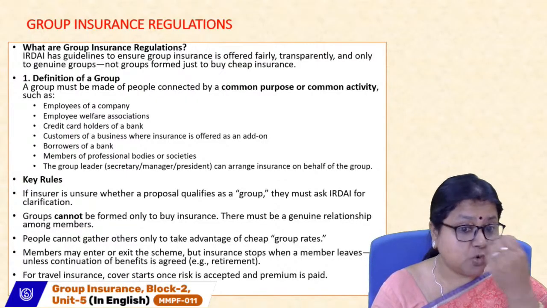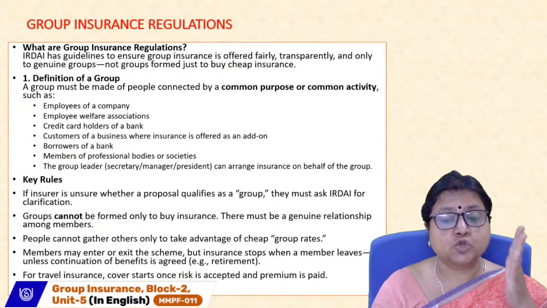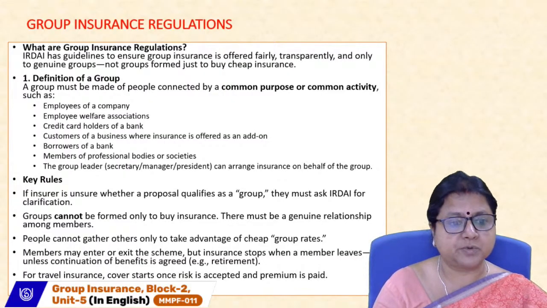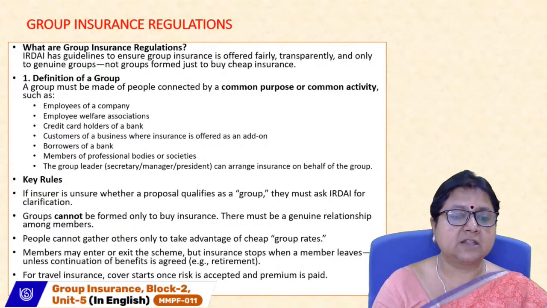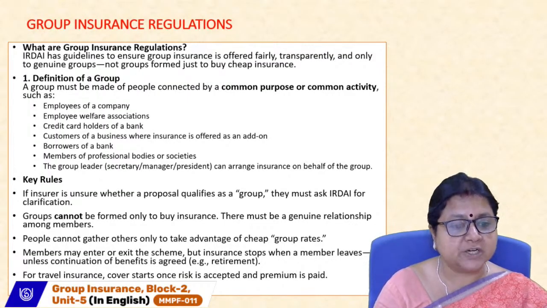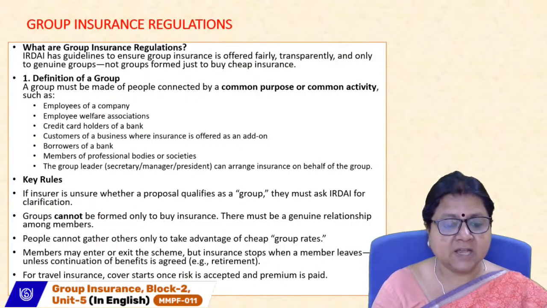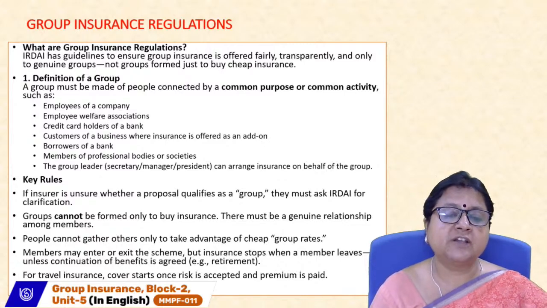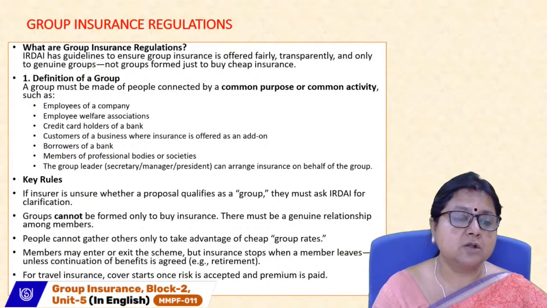Groups cannot be formed only to buy insurance, so they should have a genuine relationship and they should exist for a common purpose. People cannot gather only to take advantage of cheap group rates. So they already exist for a particular purpose in a particular group. Then it is a supportive advantage that they are going for being a member in that group.